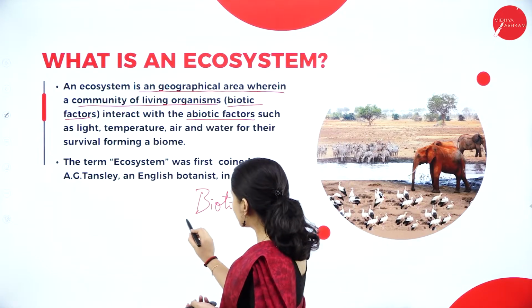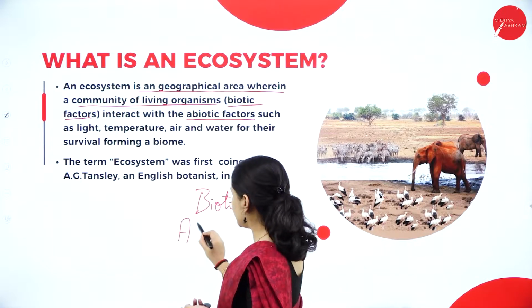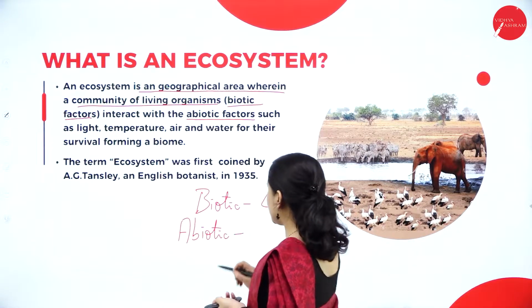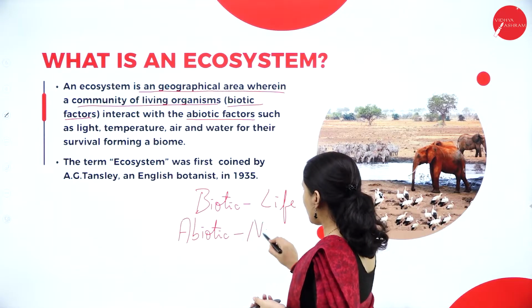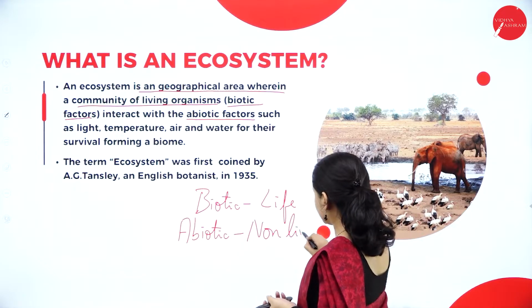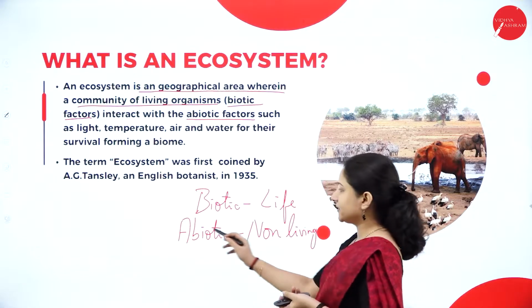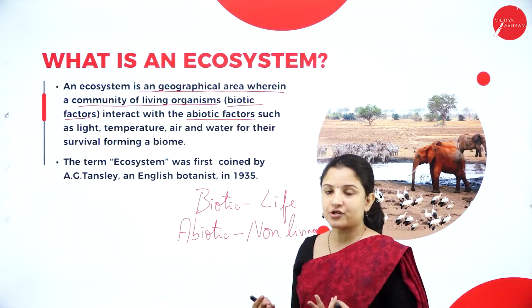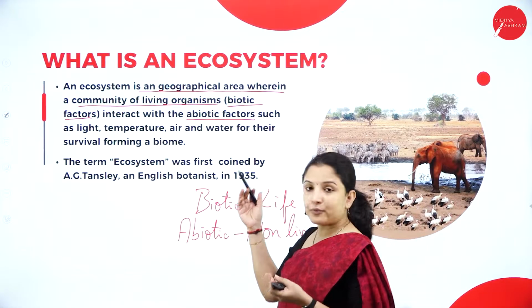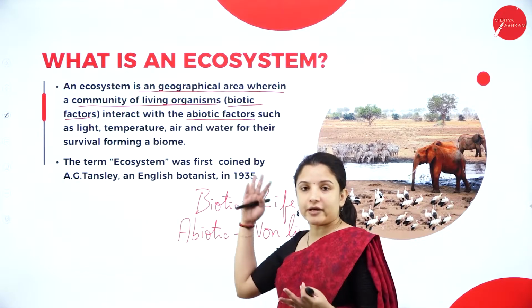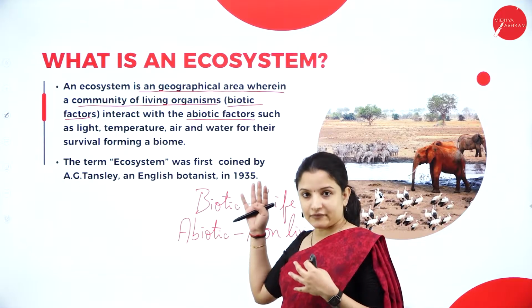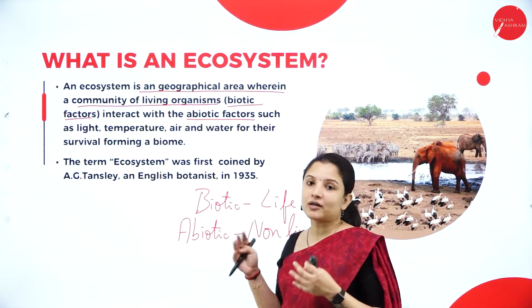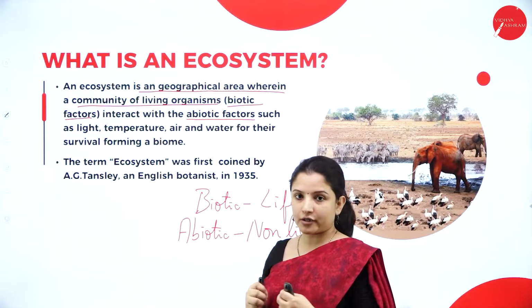And if I add a in front of biotic, meaning abiotic, it means no life or non-living. So we have opposites, right? Just like how you learn opposites in English grammar, here the opposite of biotic is abiotic. Biotic are the ones that have life, they are the living organisms. Abiotic are the ones that do not have life, they are the non-living organisms.